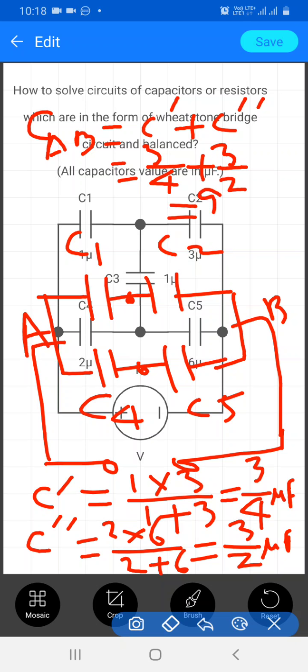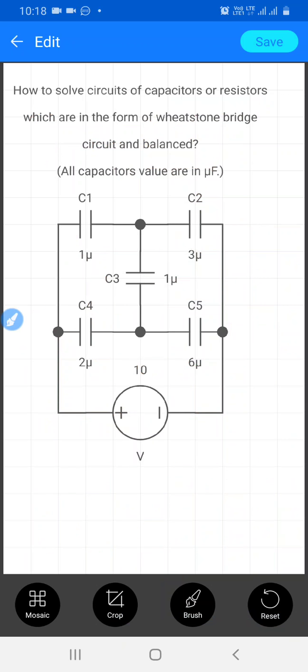So the total is 9 by 4, and this will be equal to 2.25 microfarad. This is the answer, 2.25 microfarad. So in this way we can solve the circuit of Wheatstone bridge. Another form of Wheatstone bridge circuit is in this form.